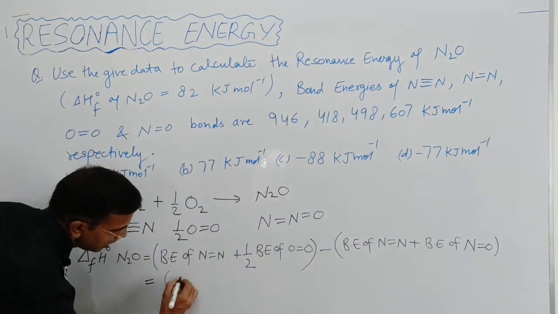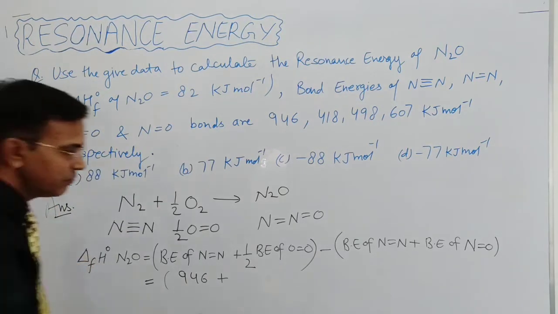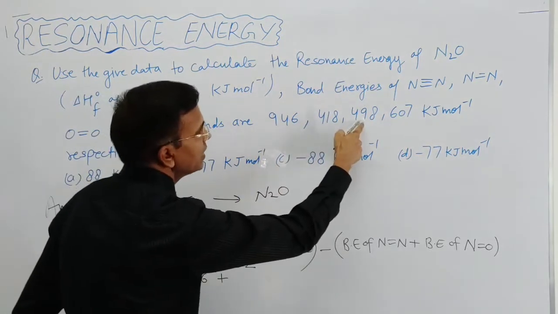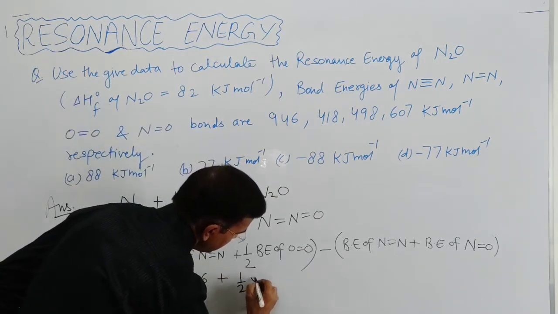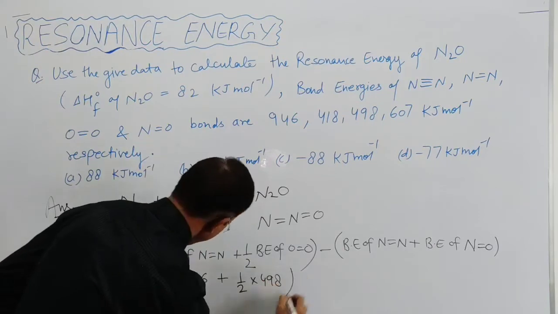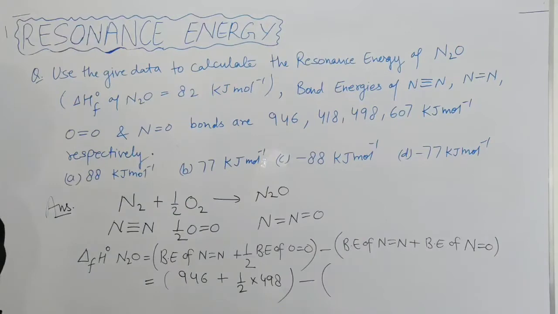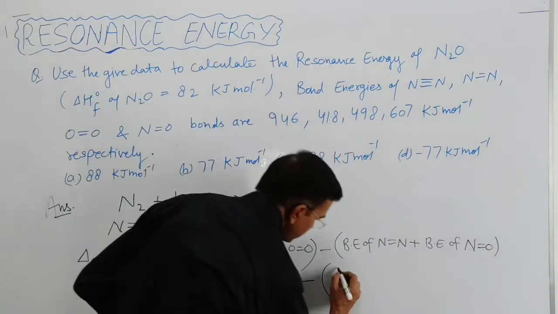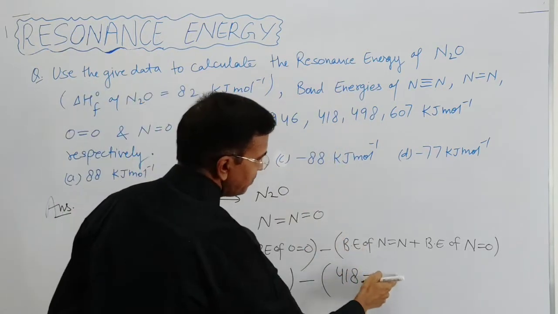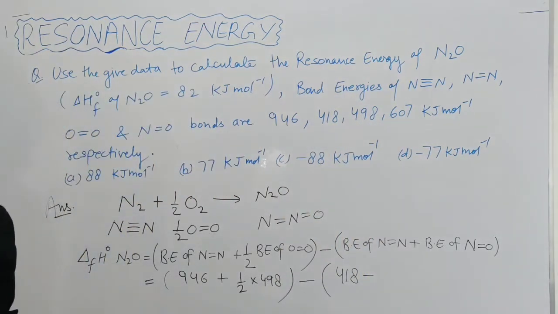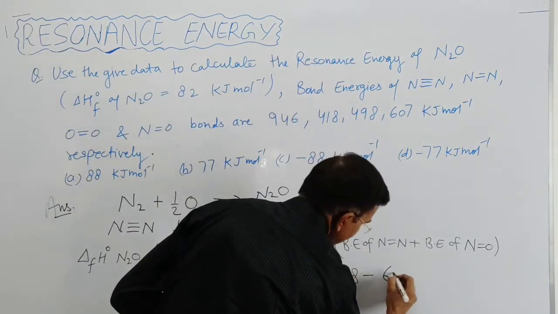So 946 plus half of 498, O double bond O, half multiplied by 498, minus bond energy of N double bond N, it is 418, and plus bond energy of N double bond O, that is 607.